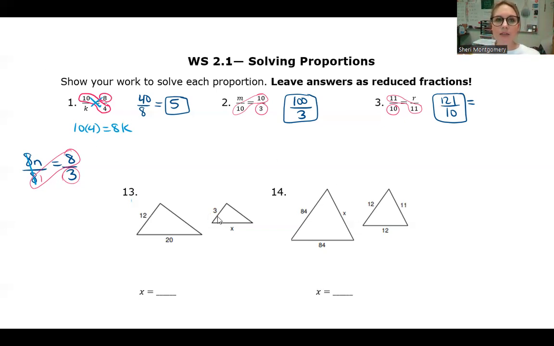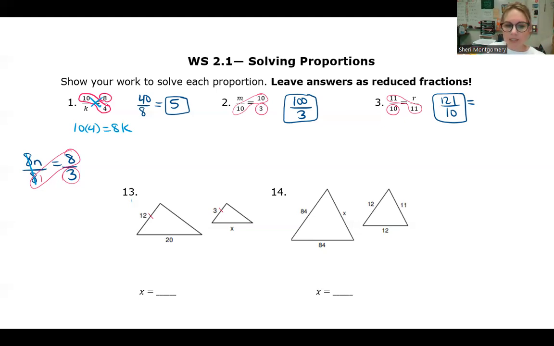My 3, which number does that match up with, the 12 or the 20? How do you know? It's correct, but how did you figure it out? It's in the same placement. Yes, y'all are both right. So I'm gonna mark it.